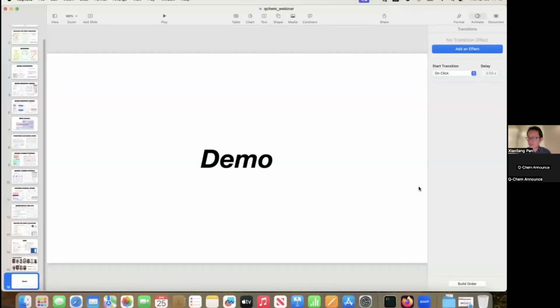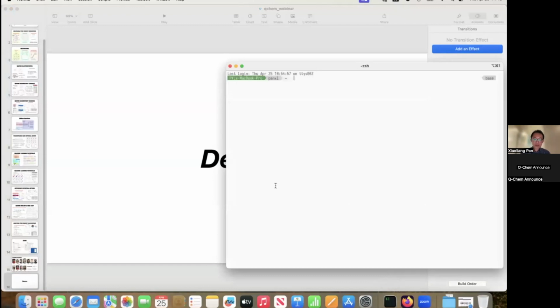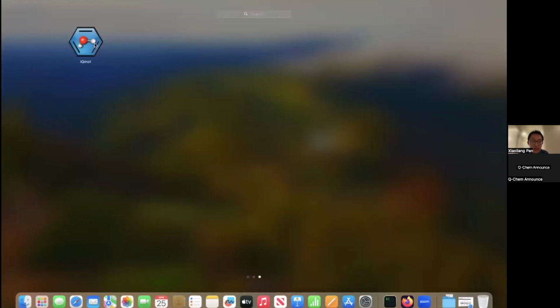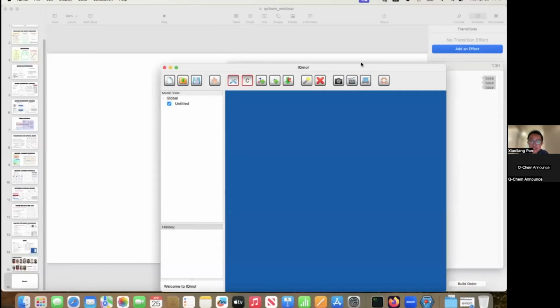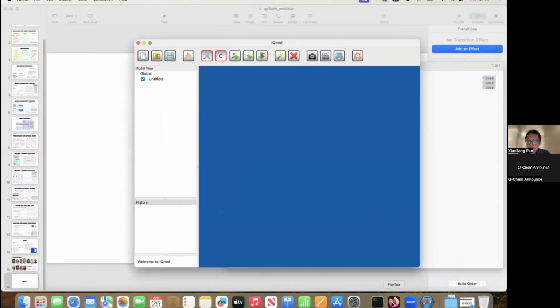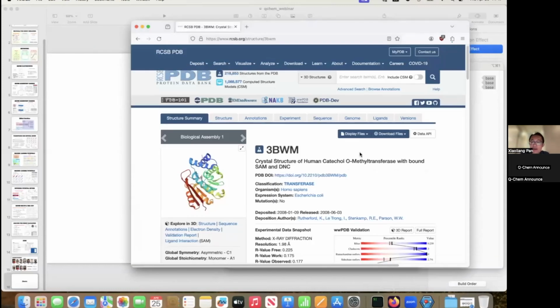Okay, on to the demo. I'll try to do this relatively quickly so we have some time for questions. First, I will make a directory for this, and let me launch IQmol. Usually the simulation starts from a PDB file.